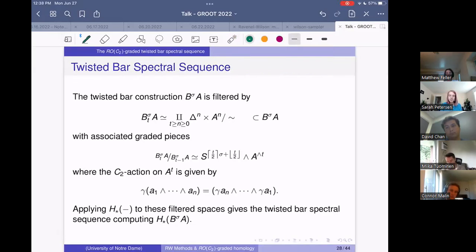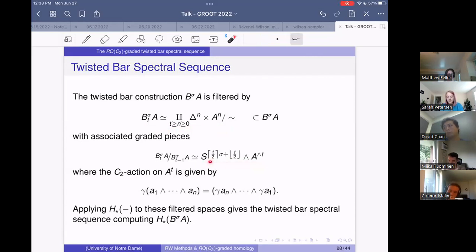So that's great, but we want to be doing computations. So we probably want to be considering the twisted bar spectral sequence, which we certainly can do. It has a similar filtration to the non-equivariant case, but the associated graded pieces are a little bit different.